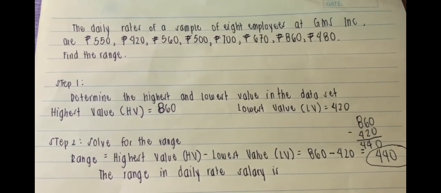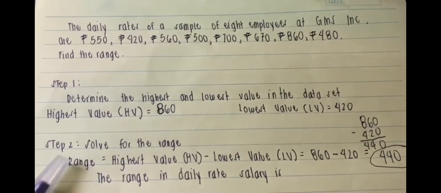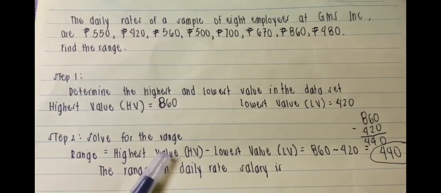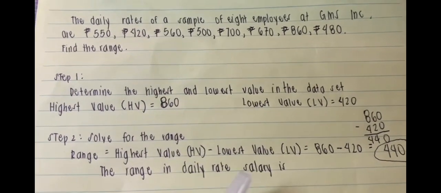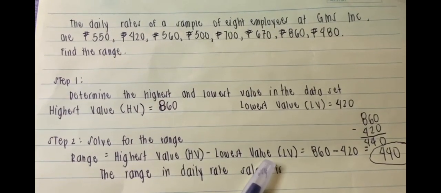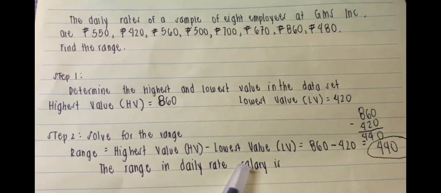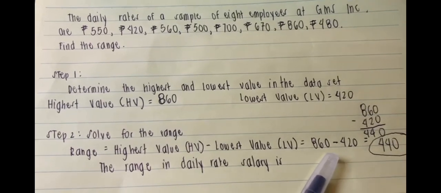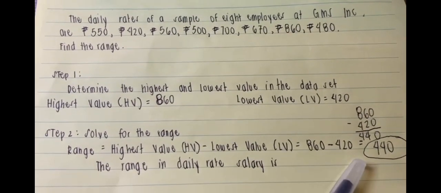So, dahil tapos na tayo sa step 1, magpro-proceed na tayo sa step 2, which is yung solve for the range. Gagamit tayo ng subtraction para sa highest value and lowest value, which is ang highest value natin ay ang 860 pesos, tapos ang lowest value naman natin ay 420.